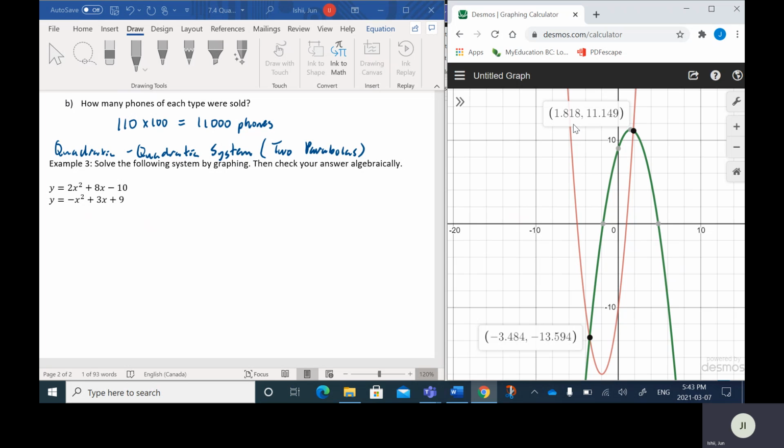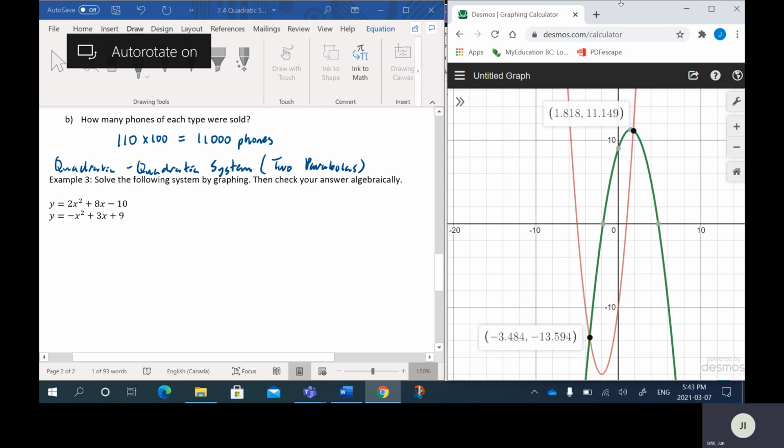All right, now, what you see here is that they're not really the prettiest of numbers, right? They go to 3 decimal places, which is fine. But anyway, so I'm going to write those down as the solutions.